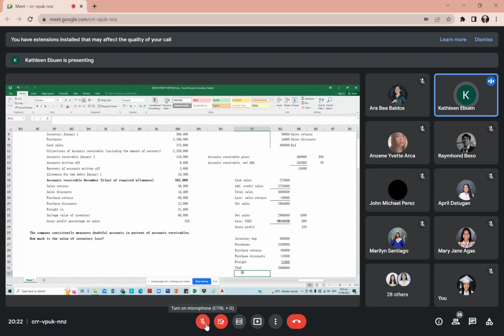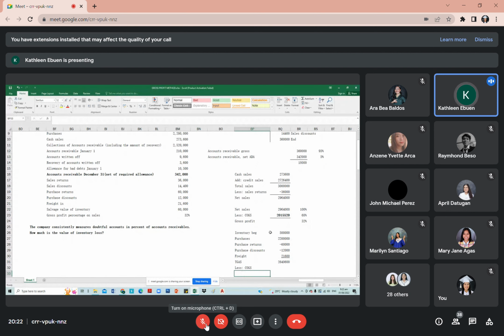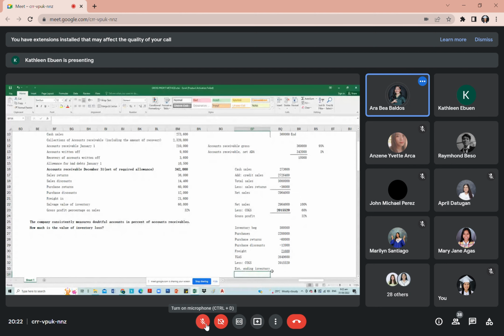Magkano si cost of goods sold? Less COGS, yun na-compute natin kanina. 2,015,520. Therefore, ang ating estimated ending inventory, magkano? 634,080.